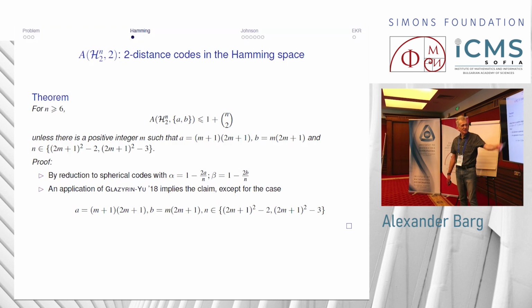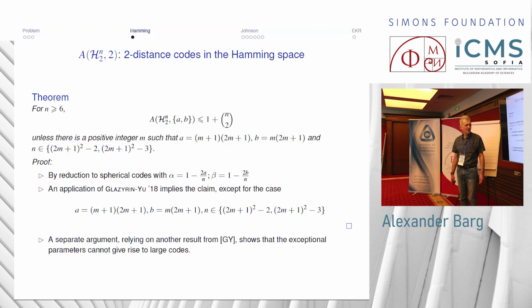And this gives the answer, apart from the exceptional cases, which require an additional effort. A lemma is lifted again from that paper, and we deal with exceptional codes. That is somewhat computational, so I'm not explaining this in detail. And we show that the exceptions cannot give rise to large codes, and then ultimately this establishes the result. So that's it for 2-distance sets in the Hamming space.